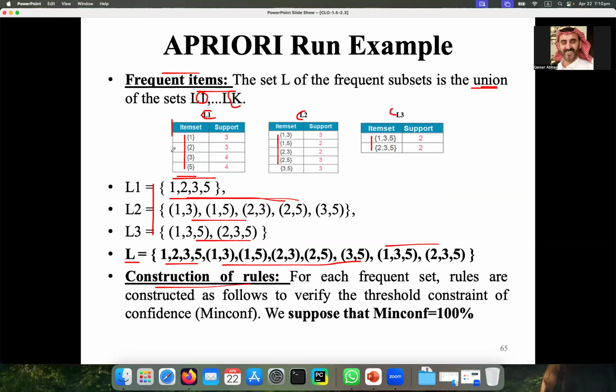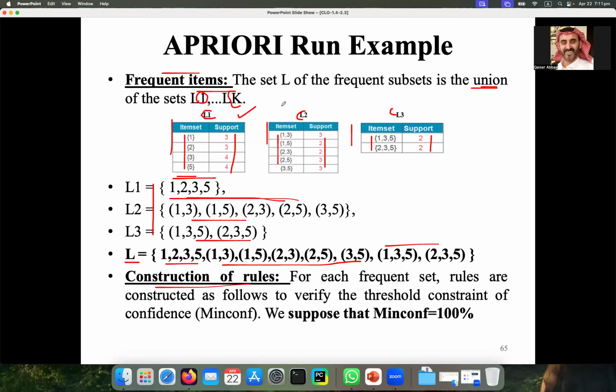And these lists that we got are basically also representing frequency. These lists represent different items or itemsets with their frequency.